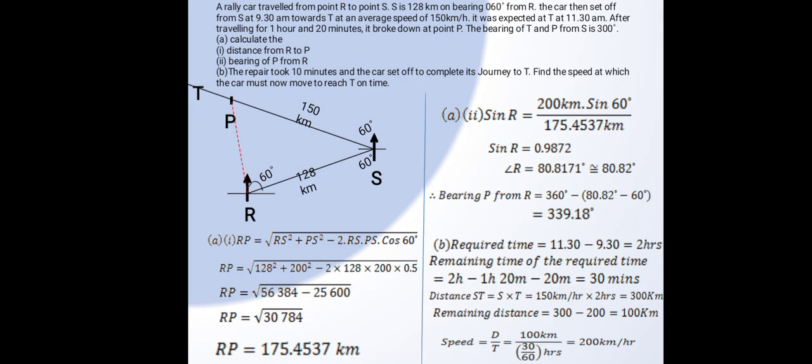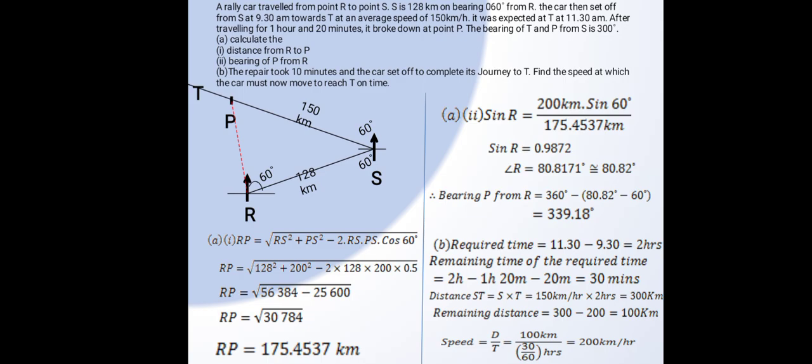A rally car travels from point R to S. S is 128 km on bearing 060 degrees from R. The car then set off from S at 9:30 a.m. towards T at an average speed of 150 km per hour.